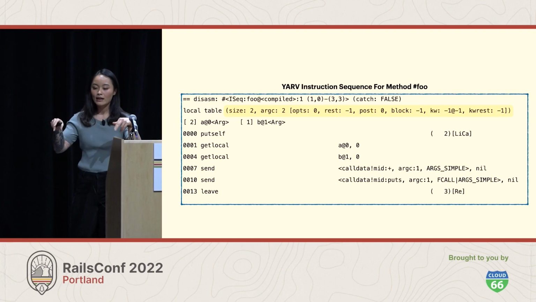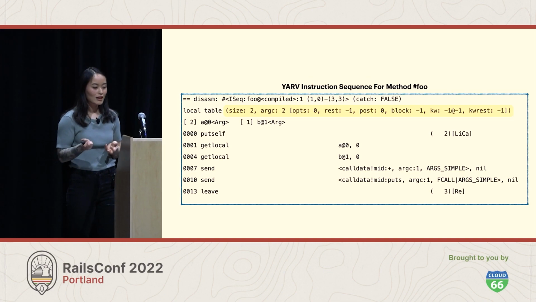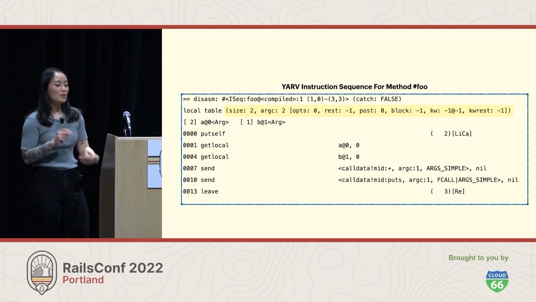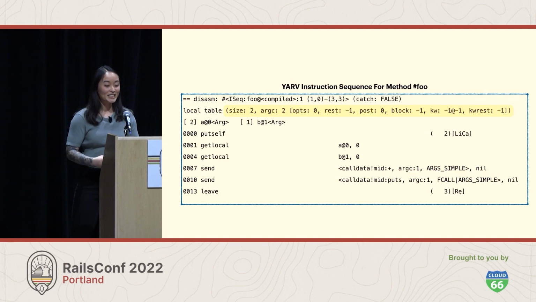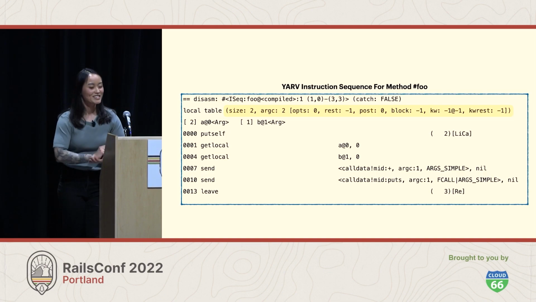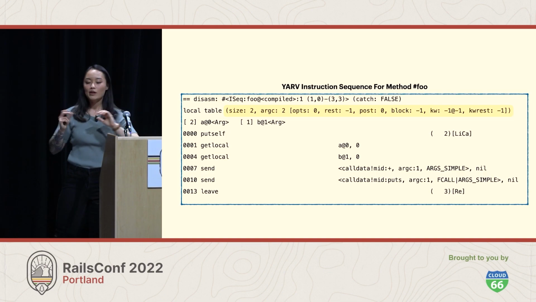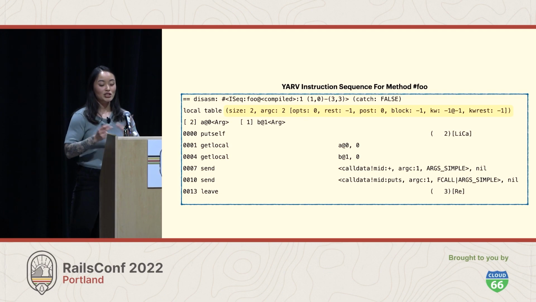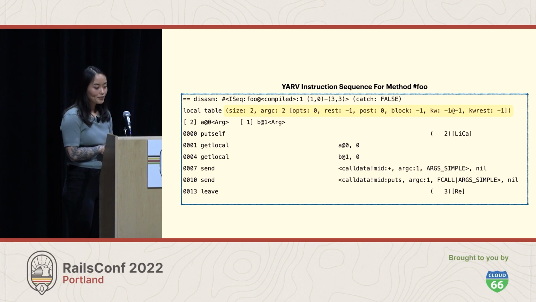But in that array, there are also different types of arguments. As you know, arguments in Ruby are kind of complex. For example, we need special handling for block arguments, splat arrays, optionals, keyword arguments, and keyword rest arguments. This information will help YARV eventually do special handling when executing this method.